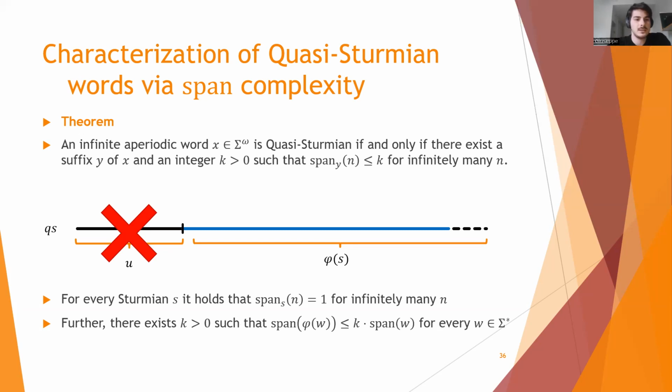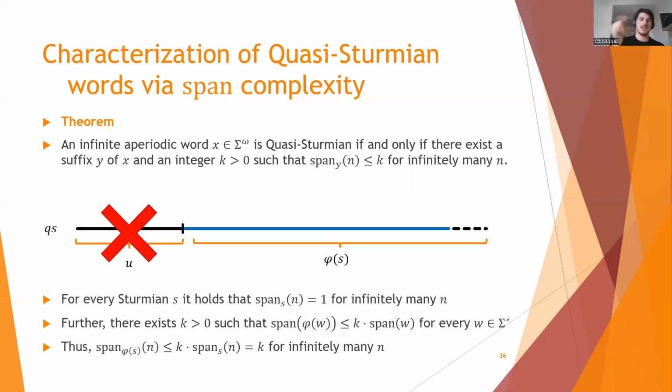And also that there exists k that depends on phi, such that the span of the image over W is less or equal than k times the span on W for every W. So it follows that for infinitely many n, we will have that the span of phi of s of length n is less or equal than k times the span of s, that is k times 1, and so the thesis follows.